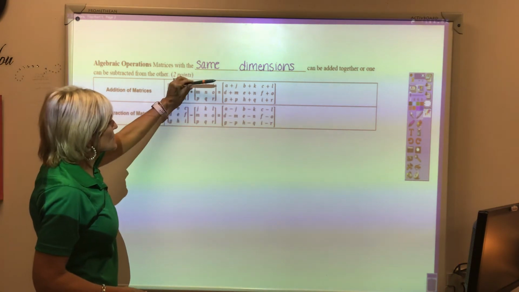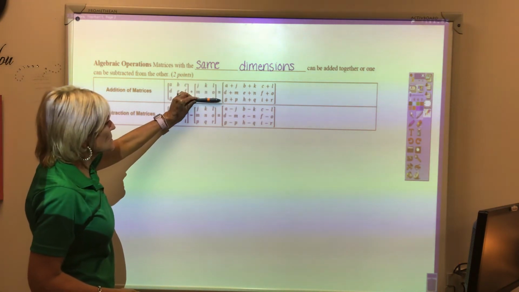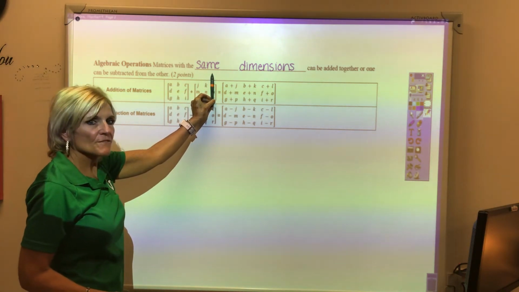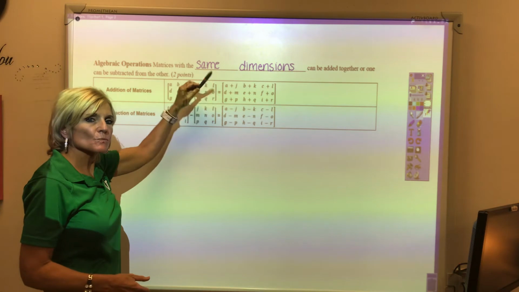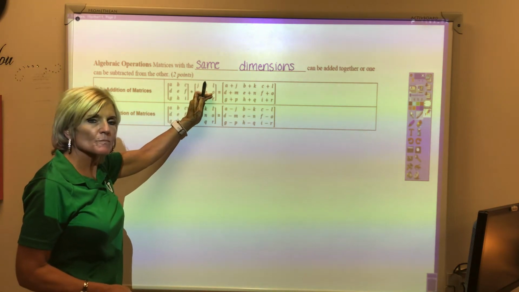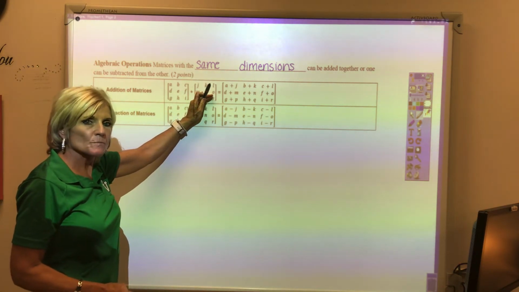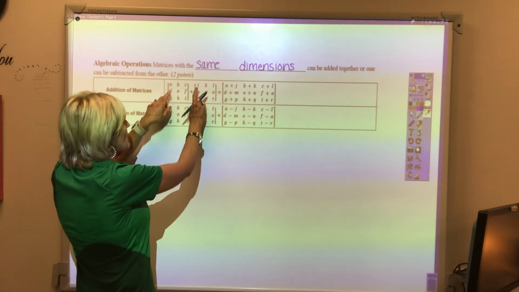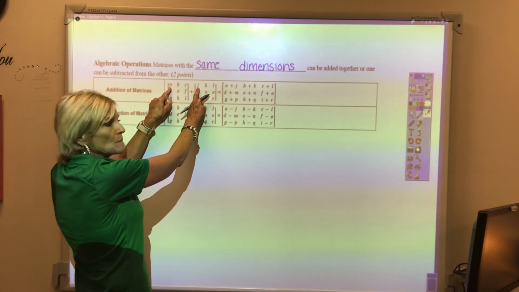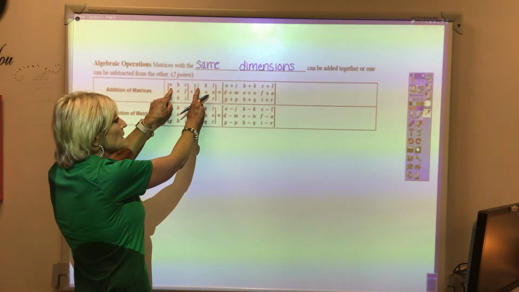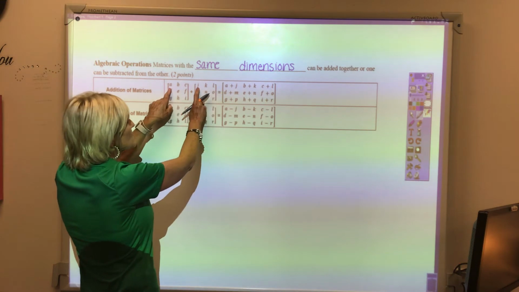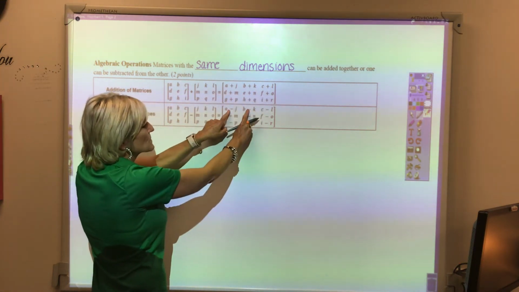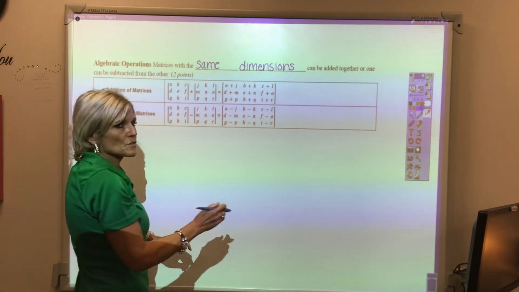In the second matrix, there are 1, 2, 3 rows and 1, 2, 3 columns. If the dimensions, the rows and the columns, are the same for both matrices, then you may add or subtract the matrices. And in order to do that, you just take the corresponding pieces inside, called elements, and add them together. So you can see that that's what has been done here on the right side. Same with the subtraction. So let's try a couple.